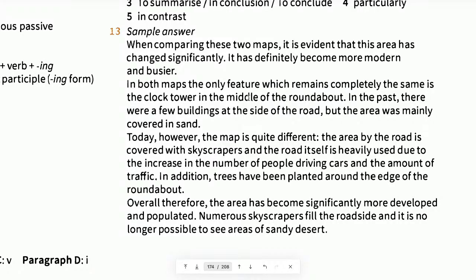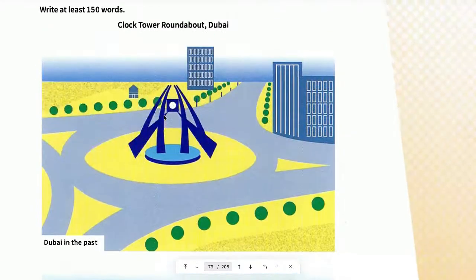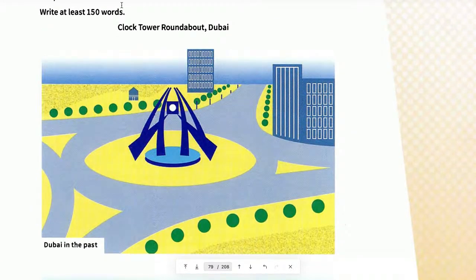So you can predict that in the other paragraph they will say about something which has changed. Okay? So here they say, in both maps, the only feature which remains completely the same is the clock tower in the middle of the roundabout. It's very clear, right? They are talking about that.